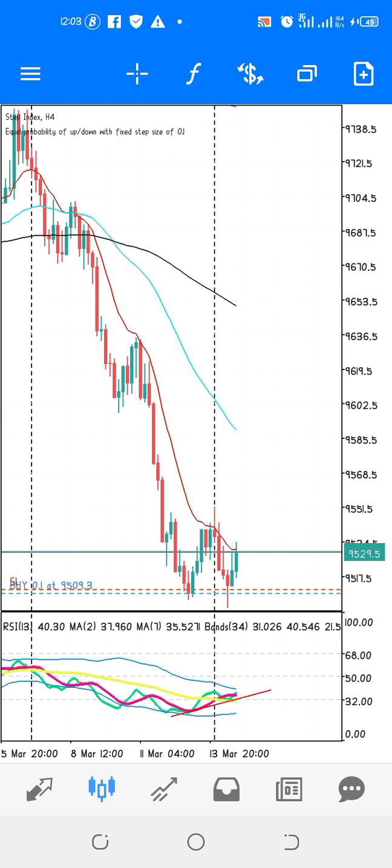So the divergence I was talking to you about is how to spot divergence using your RSI, and also how to spot manipulations by the market.